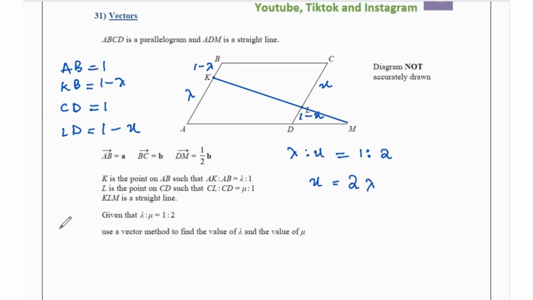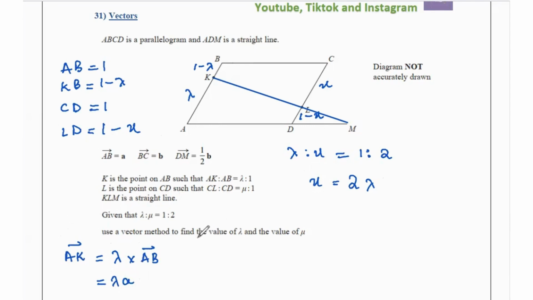Now, if we talk about the vectors AK and KB, vector AK is going to be lambda times vector AB because AK exists on AB. So that's going to be lambda times A.